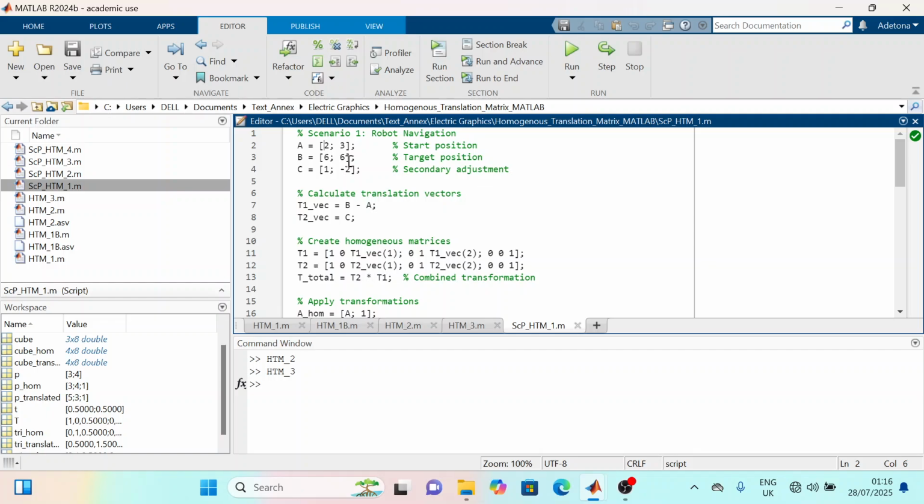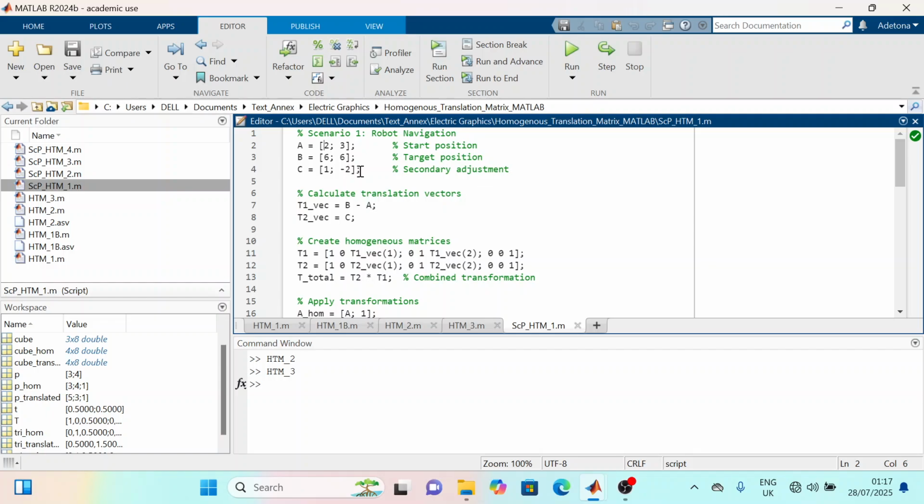Under normal circumstances, when an object gets to the targeted position, it finds out that there's an object nearby, and the robot now needs to change direction so as not to hit the obstacle. Then the translation to that particular area is given to us here.